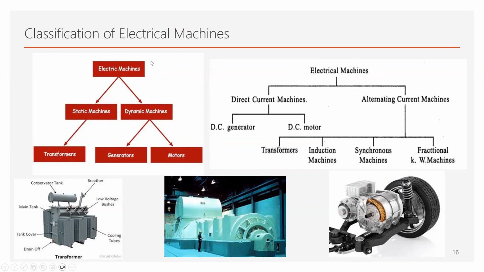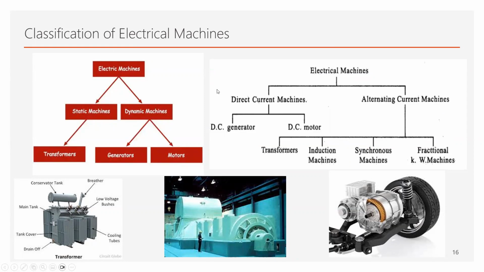So let's talk about electric machines. This is one type of classification and this is another type of classification. Electric machines can also be classified in terms of their input or output generation. One is direct current machines that take or give direct current, that means DC, and another one is alternating current, which is AC machines.